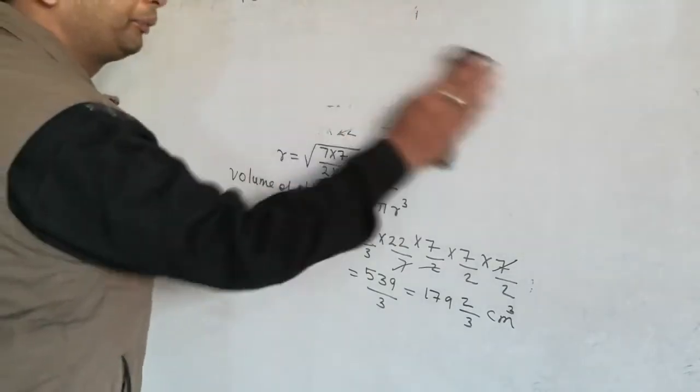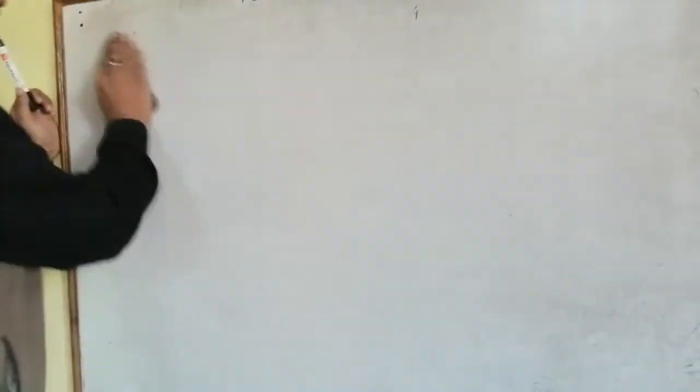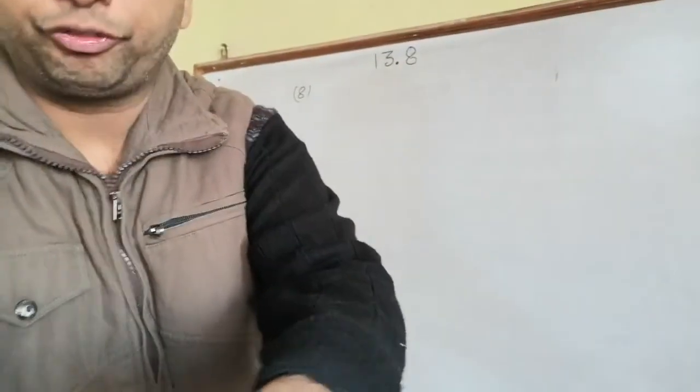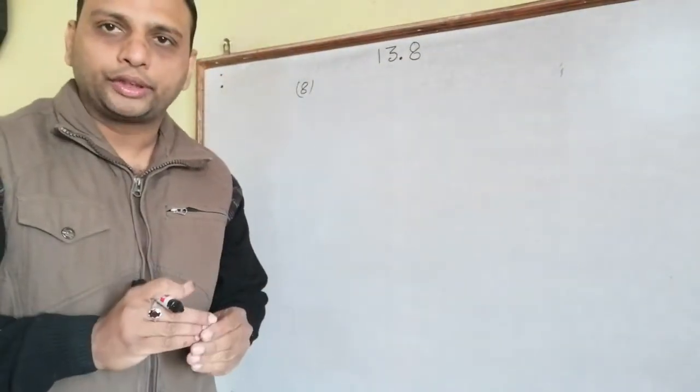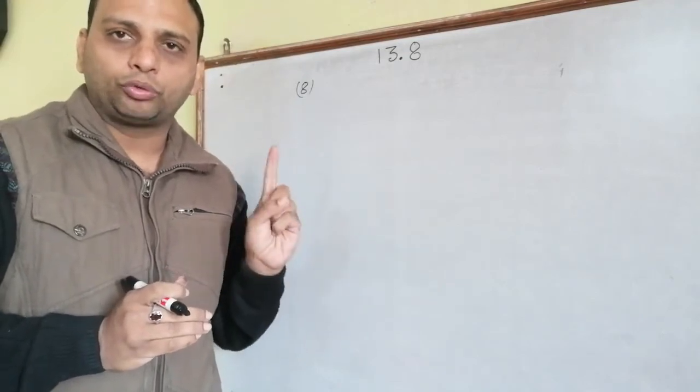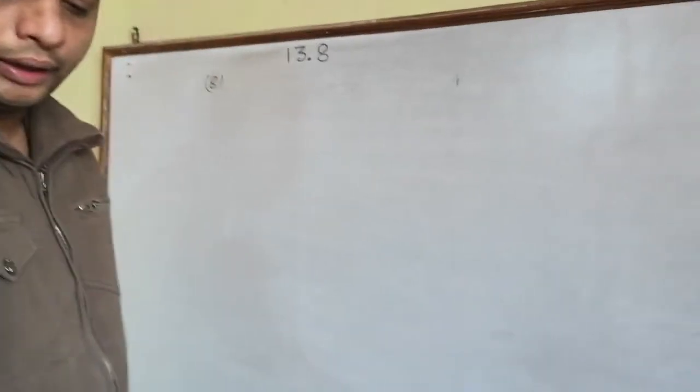Now after this we have to solve question number 8. I already told one formula in exercise first and second. If the total cost is given and the cost of 1 meter square is given, when we divide the total cost by the cost of 1 meter square, we obviously get the area.